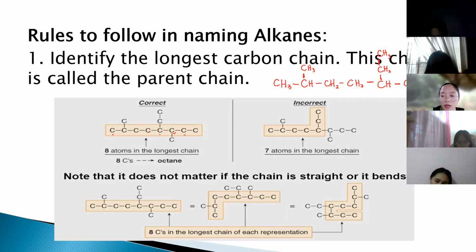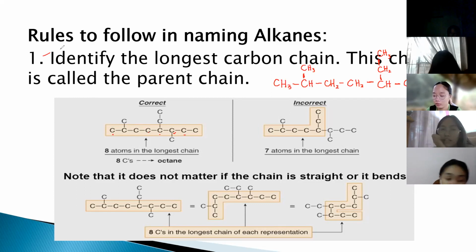So, what will be our steps in naming the organic compound? This is number 1. Identify the longest carbon chain. Because the longest carbon chain will be our so-called parent chain. And how do we identify that? We will be counting. So ito yun ha.